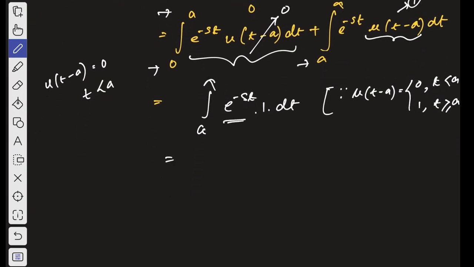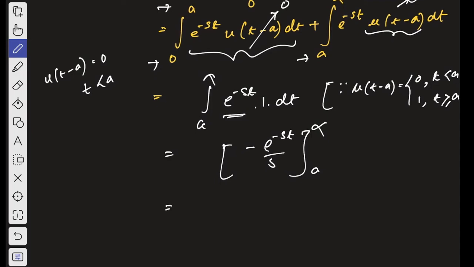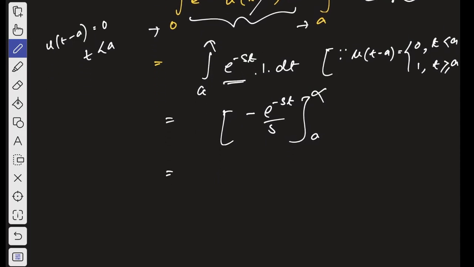Now if you integrate e to the power minus st, you get minus e to the power minus st by s, with lower limit a and upper limit infinity. If you put infinity here, you get 0, then minus, if you put a here, you get minus e to the power minus sa by s.